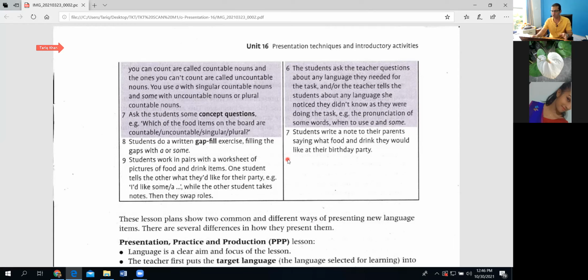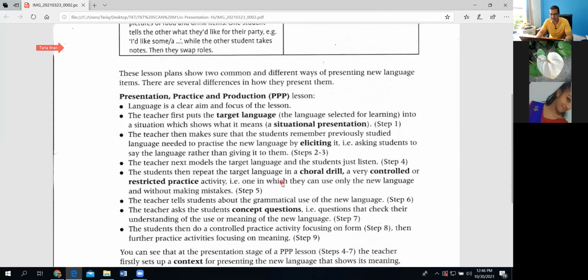Okay, so you can analyze both methods, and here they have given the analysis of all this and told you stepwise how it is. These lesson plans show two common and different ways of presenting new language items. There are several differences in how they present them.